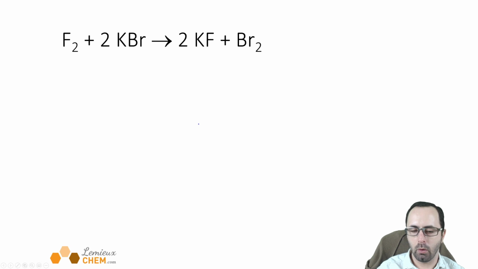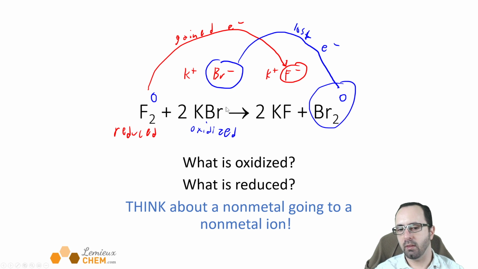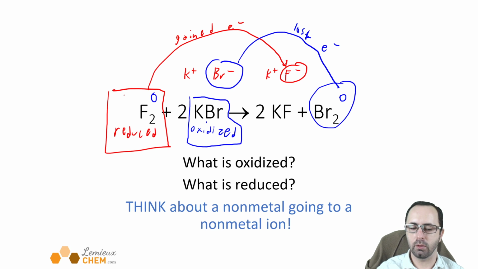One thing I want to point out though is that when we describe what is oxidized or reduced, it's very common to refer to the whole compound. So we say this KBr was oxidized, even though the potassium really had nothing to do with it. It didn't change charges at all. And we say that the fluorine F2 was reduced.